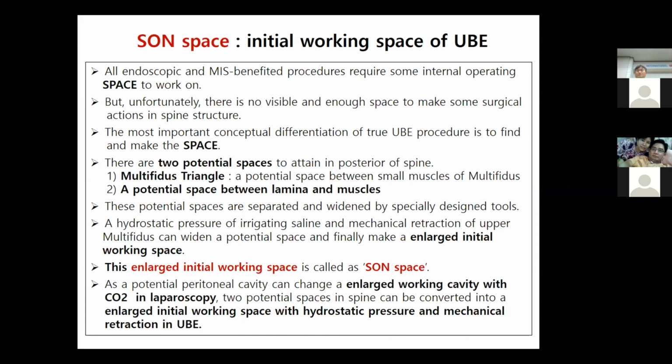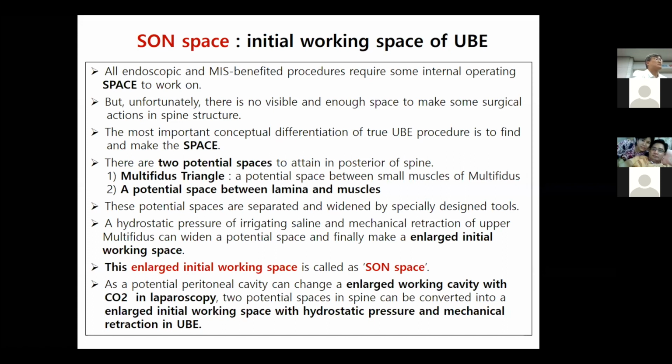But unfortunately, there is no visible, enough space to make surgical action in spine structure. The most conceptual differentiation of the true UBE procedure is having to make a space. There are two potential spaces to obtain posterior to the spine. First, the multifidus triangle. Second, a potential space between lamina and muscle. These potential spaces are separated and widened by specially designed tools.